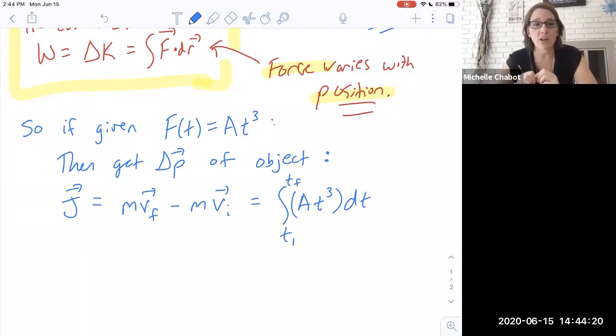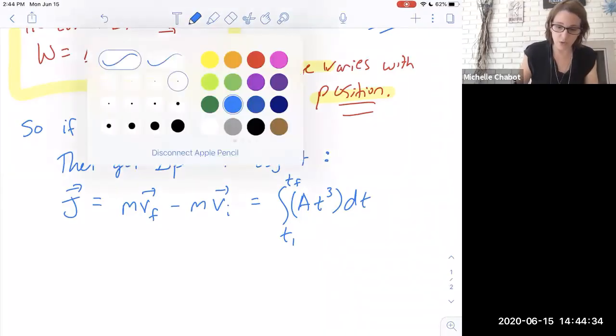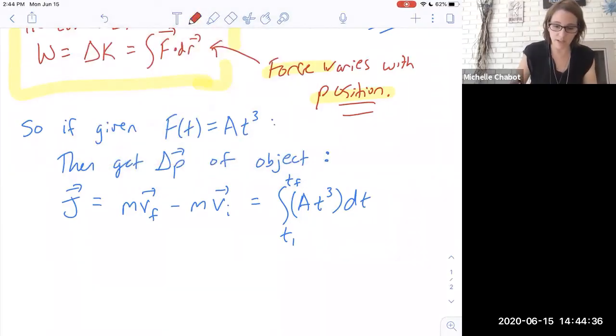But the key here, and the thing to keep track of, is that you need to have a force that varies with time to use the impulse-momentum relationship. And that this applies to a single object. So this is going to matter a lot when we get to the next module.